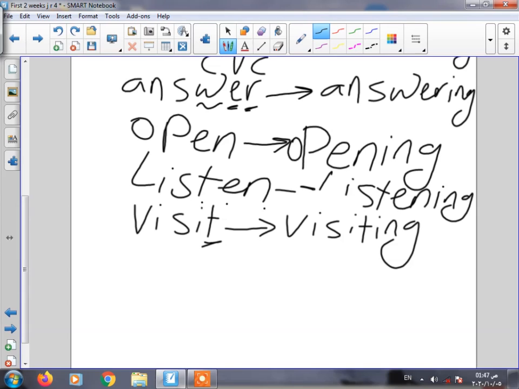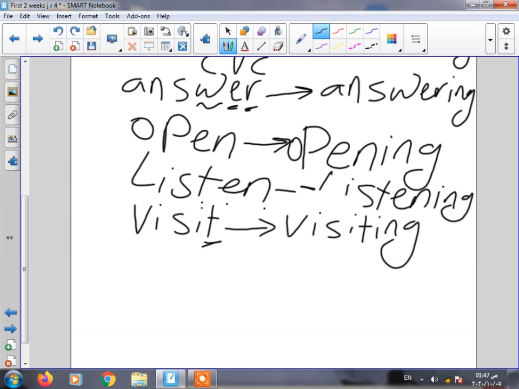So, when I add ing to the verb, if the verb ends with E, I cancel it before I add ing. If the verb ends with consonant, vowel, consonant, I double the last letter before I add ing. But some verbs don't follow this rule, like the verbs answer, open, listen, and visit. I add ing without doubling the last letter.